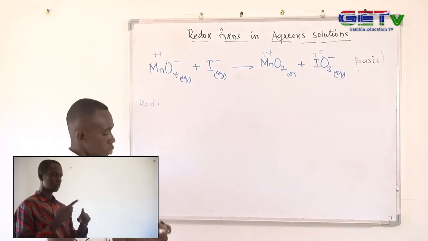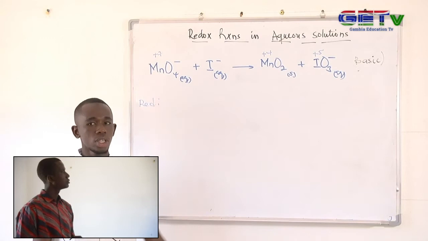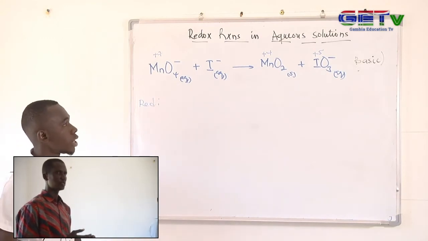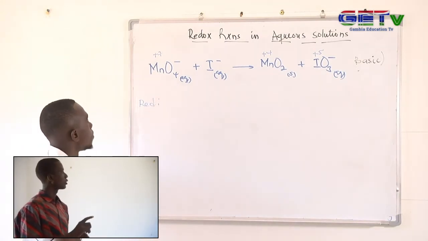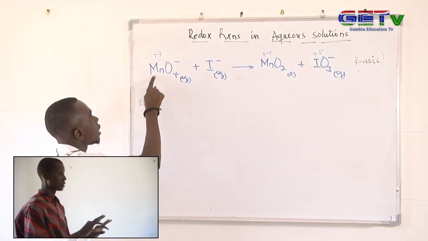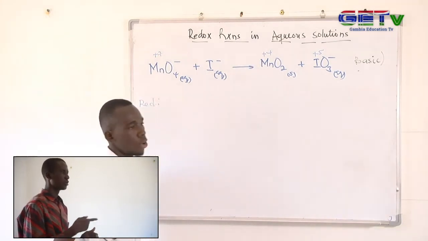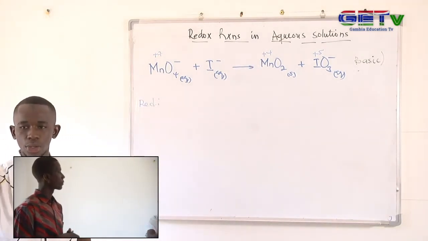You can verify these oxidation numbers when you calculate the oxidation state of the corresponding atoms. Now, we first identify the one undergoing reduction. Manganese here is plus 7, and here it is plus 4, which means manganese is reducing.